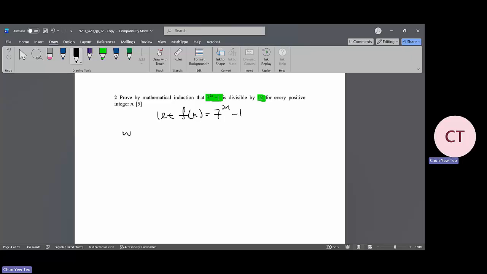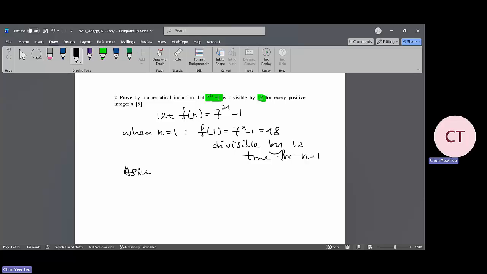When n is equal to 1, you have F1 is equal to 7 squared minus 1, it will be 48, which is divisible by 12. So it's true for n equal to 1.